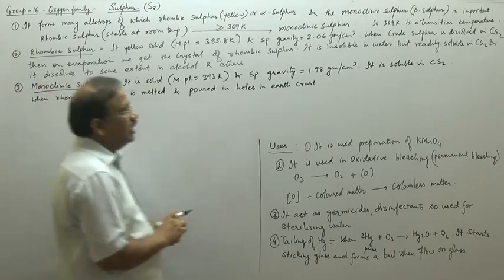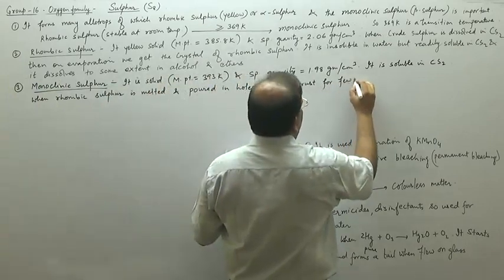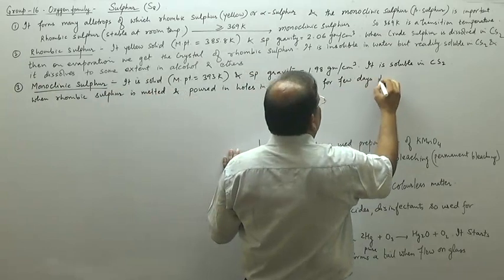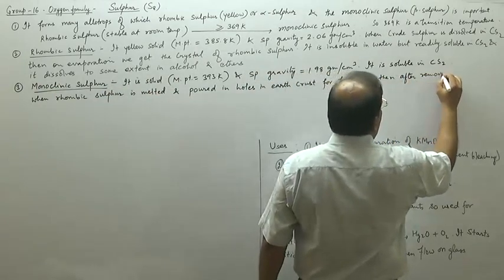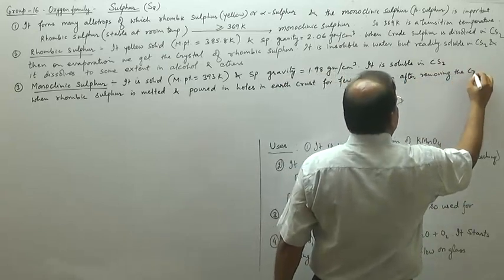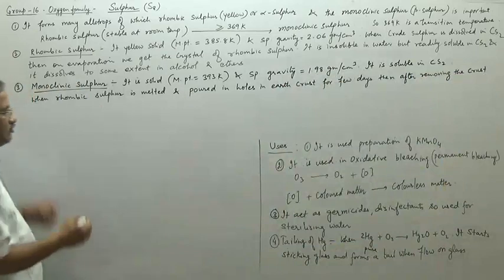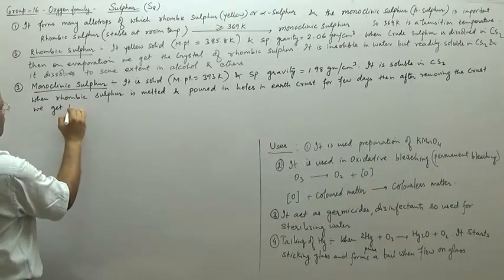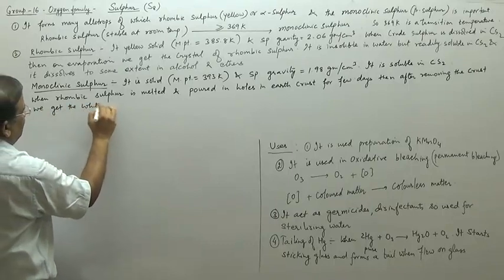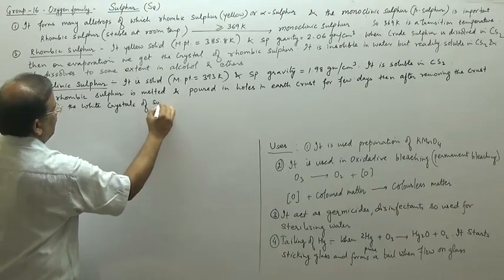So in the earth crust, for a few days, and then after removing the crust, we get white crystals of sulfur.